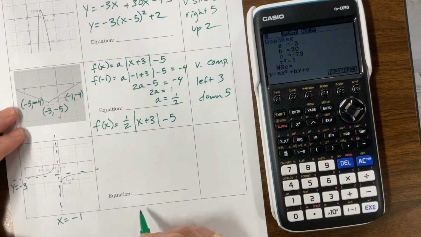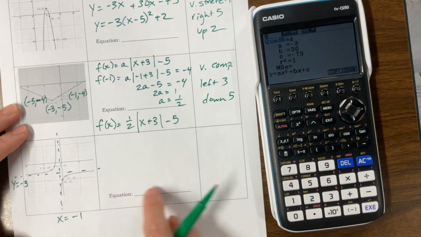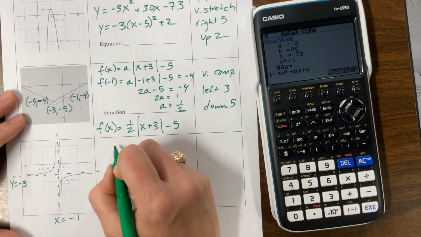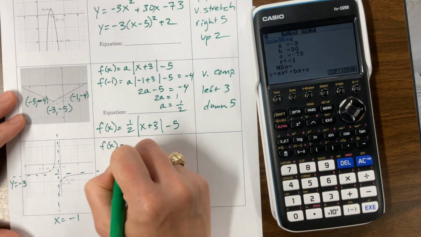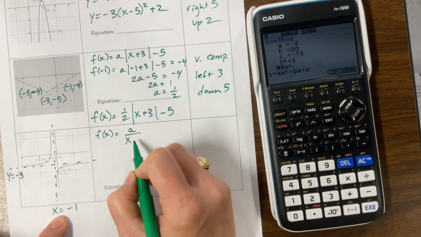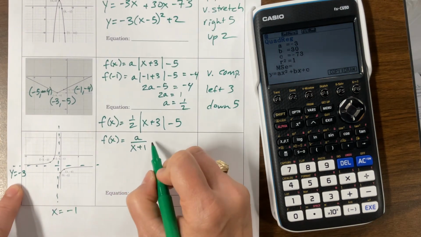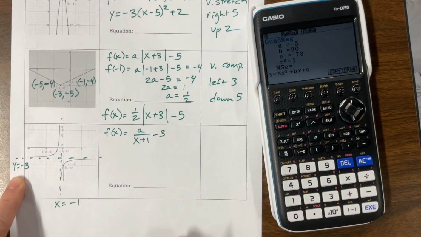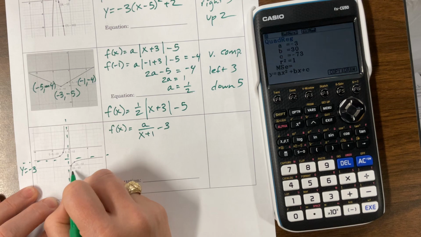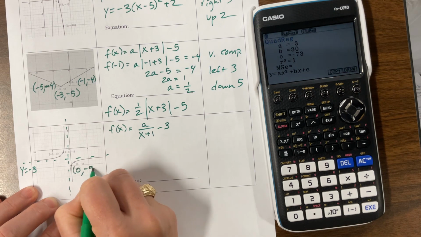If I think in terms of my transformations to write this equation, and once again, I can't use the calculator for a rational function. It doesn't have a rational regression. F of x would be equal to a over x plus 1, since I shifted to the left, and I shifted down. Now I see the point 0 is nice to work with. This is the point 0, -5.